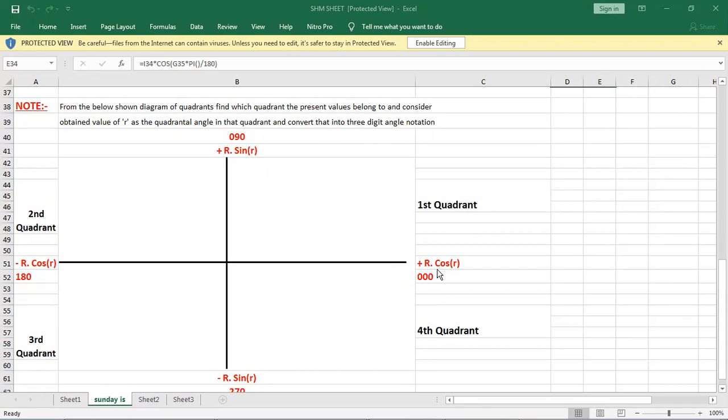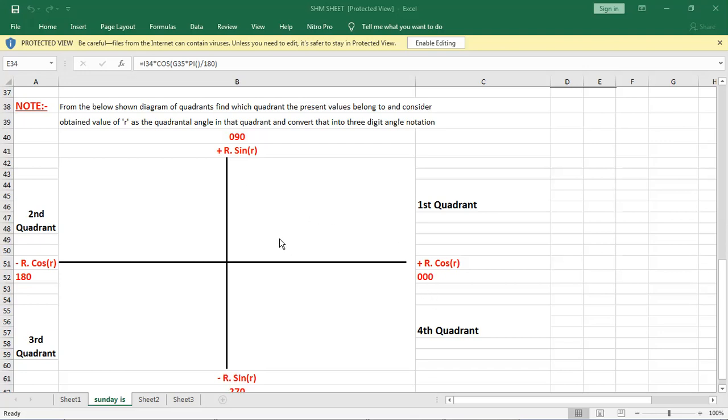So we need to understand which quadrants are there. There are 4 quadrants. First, in the east direction, you have plus r cos r. So first it starts from the cos value, not sine, and it is positive, and that is 000. Suppose in your compass system this is north, or 000 degrees out of 360 degrees. Then the next axis is plus r sin r, so first both are positive and then the next two are negative.